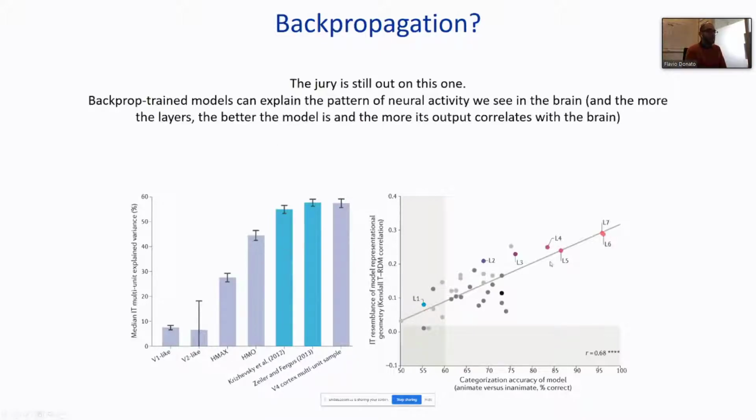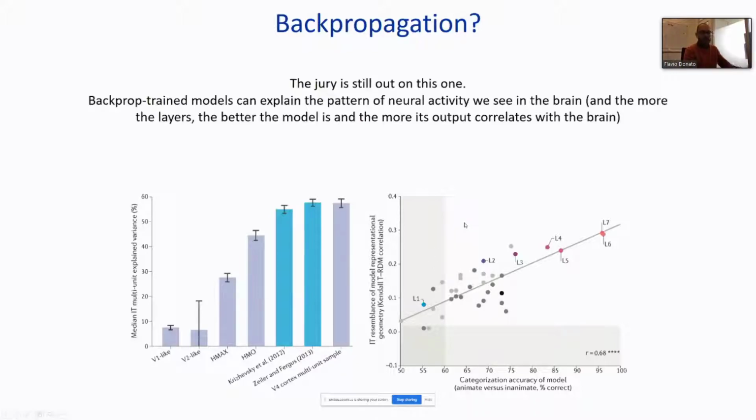If we record from different areas of the cortex, for example visual area 1, V2, V3, 4, 5, and higher areas, and we include the possibility to perform backpropagation in the network, our models are more precise in explaining the pattern of activity of the neurons that we observe. This is a very indirect way of thinking that backpropagation might happen, because if you factor backpropagation in, we are actually better at guessing the answer.